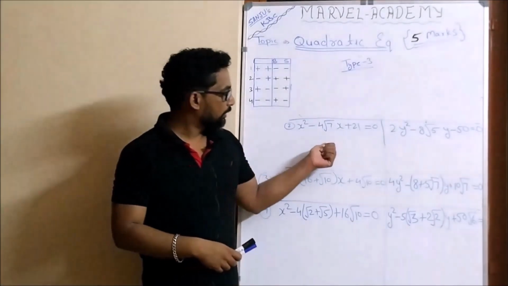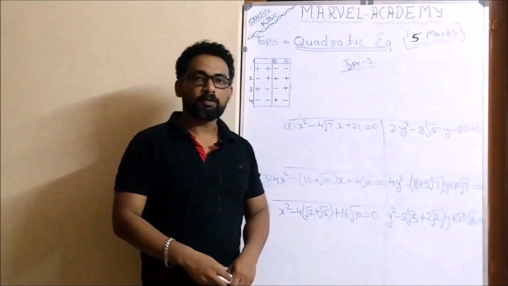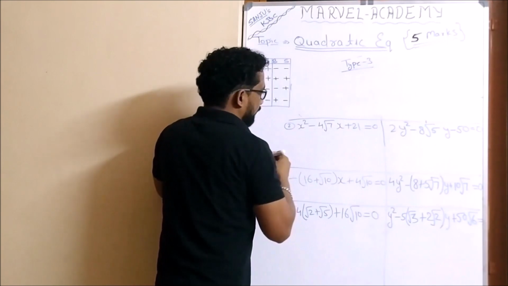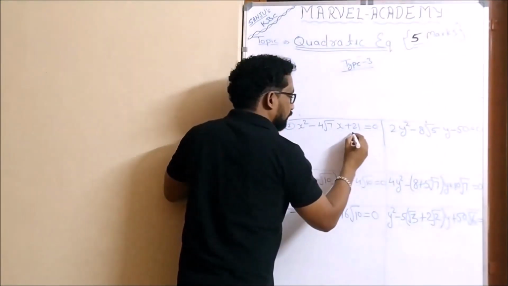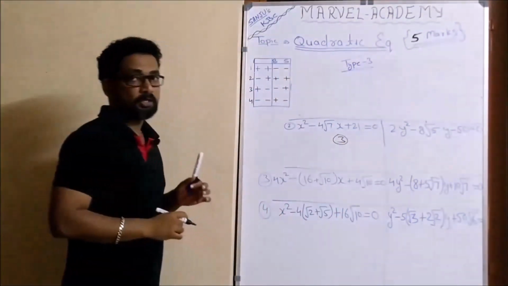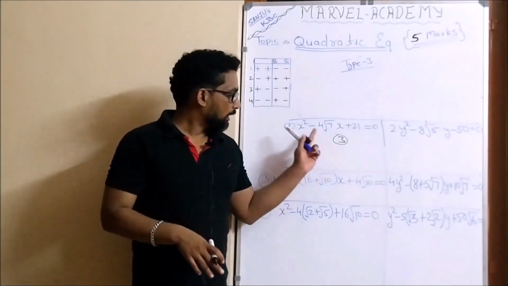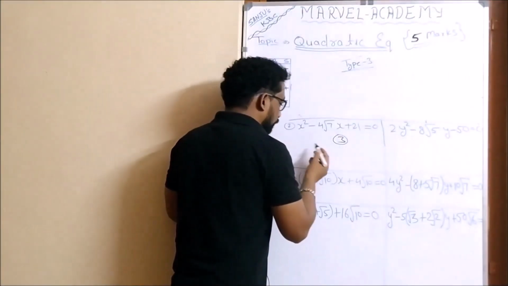Next, again my root value is 7, so I have to divide 21 using 7. While dividing 21 by 7, I will get 3. That means now my multiple value should be 3 and addition should be 4. So what will be the factors?